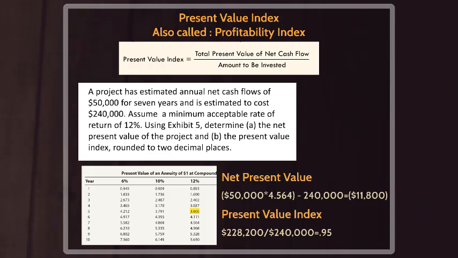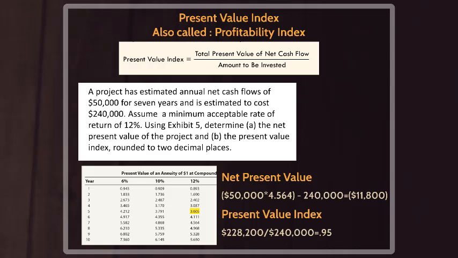We subtract our initial cost to get our net present value. Now in this example, our net present value is negative $11,800. Therefore, this would not be a great investment because our net present value is below 0.